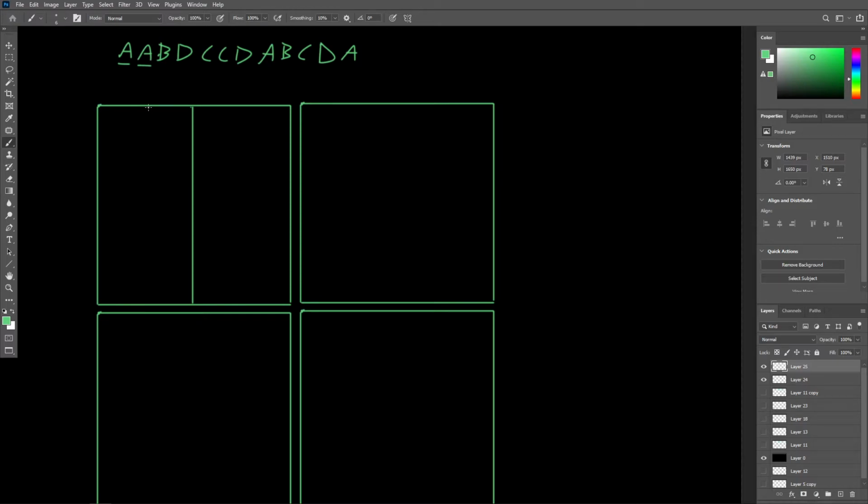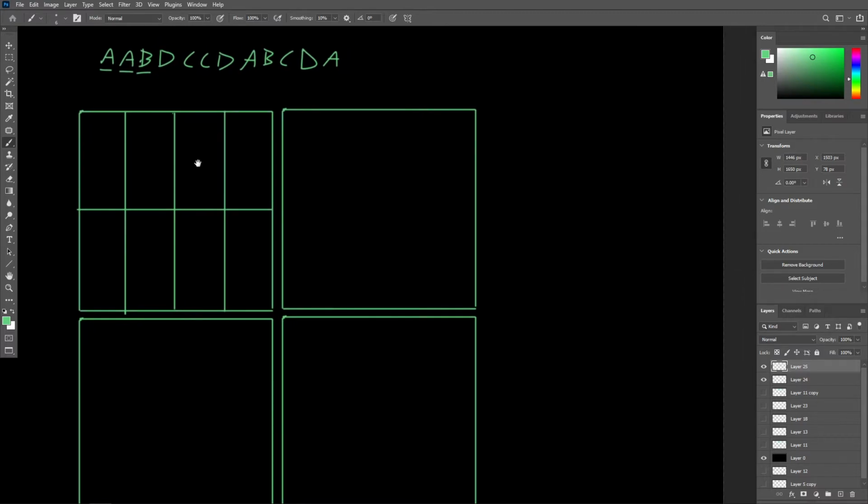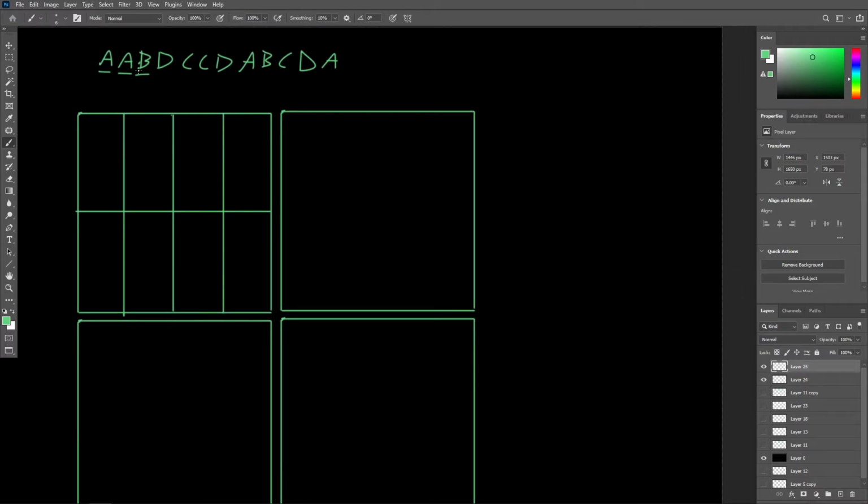And another A, which is another vertical subdivision of everything, right? And then we get a B, which is a single horizontal subdivision, right? So there's one layout, again, just generated by the L system. We have a D character here, which is move on to the next block.